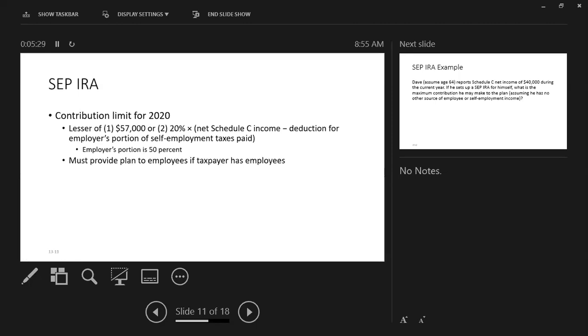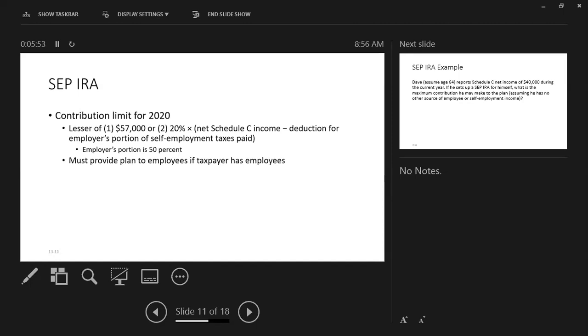His second limit will be $40,000 minus his employer portion of FICA, which you can see the calculation there. It's really taking 1/2 of your already calculated self-employment tax, which is what you deducted as a deduction for AGI. But they're just going through the calculation.